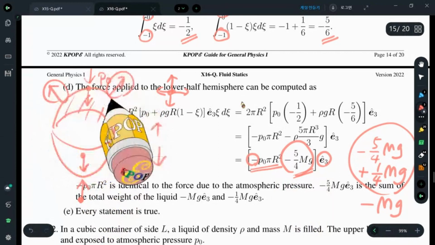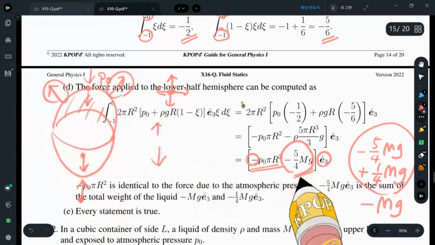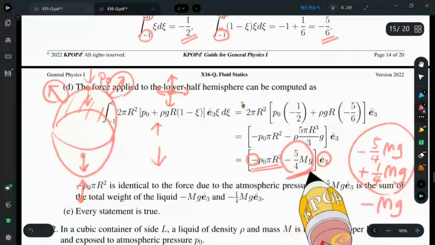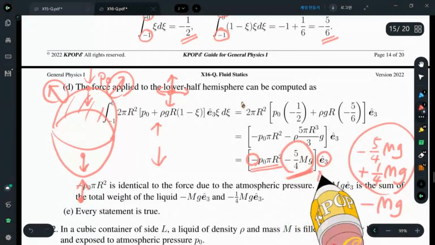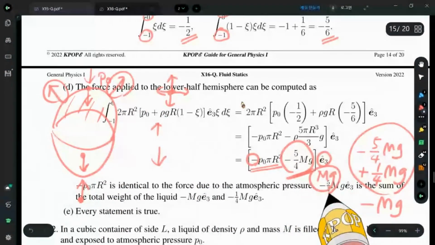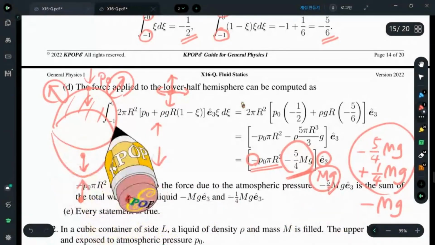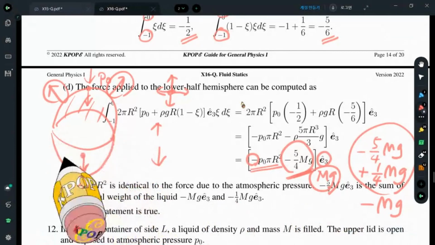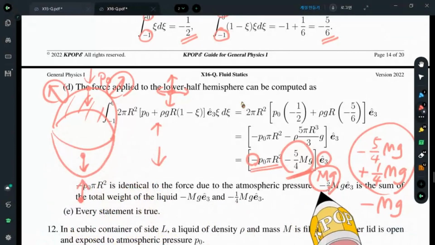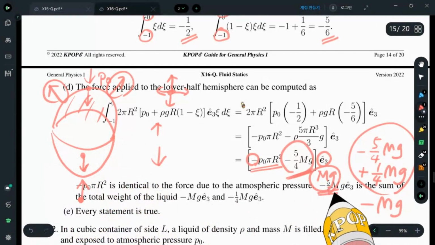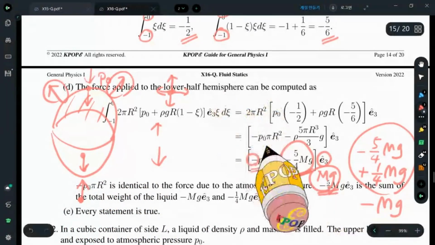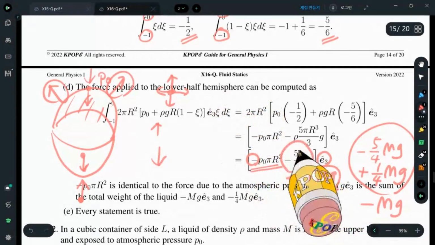In order to cancel this amount, we need a bigger amount than its own weight mg. So the container must be constructed stronger than needed to sustain its own mass. Very important. And this amount depends on the shape of the container.